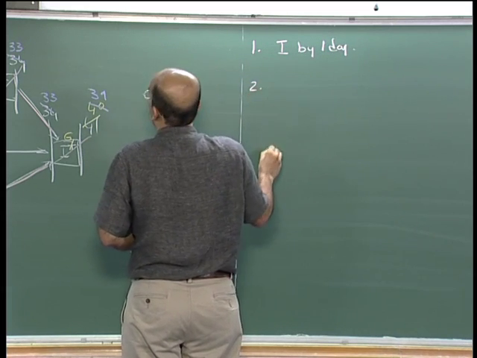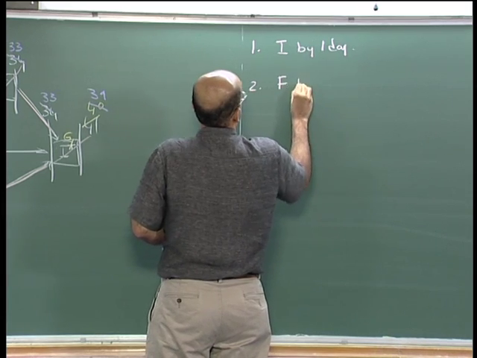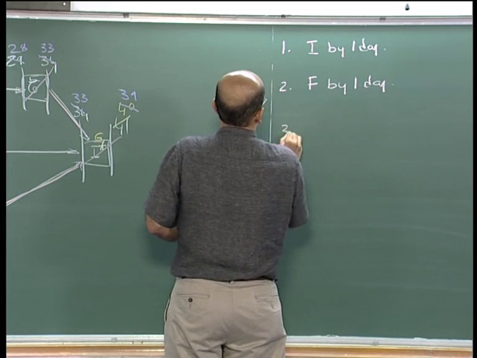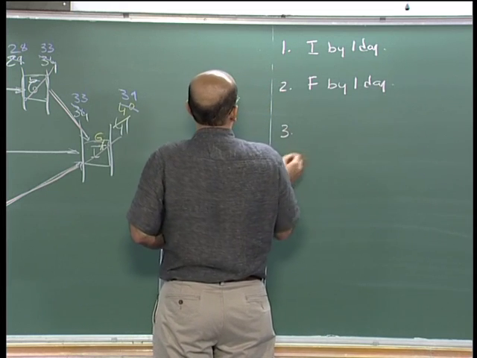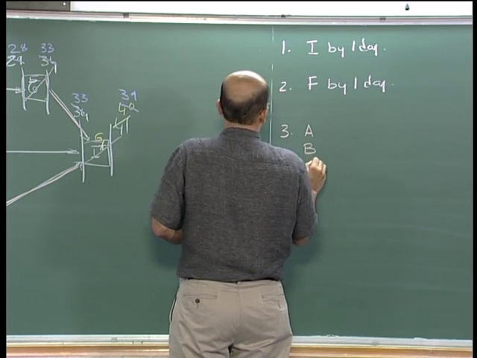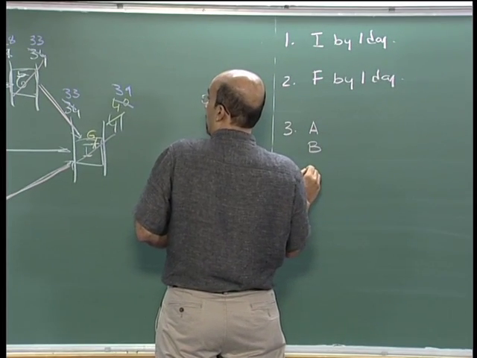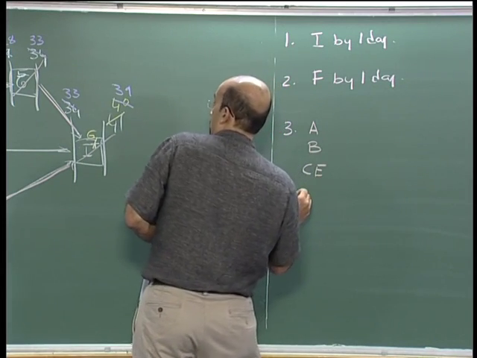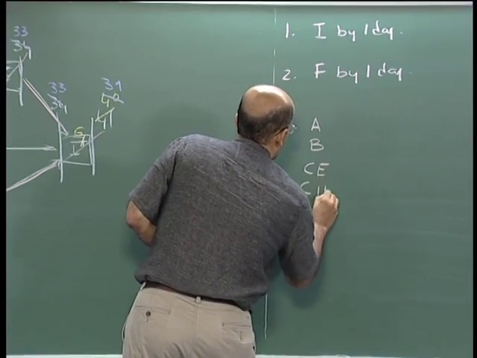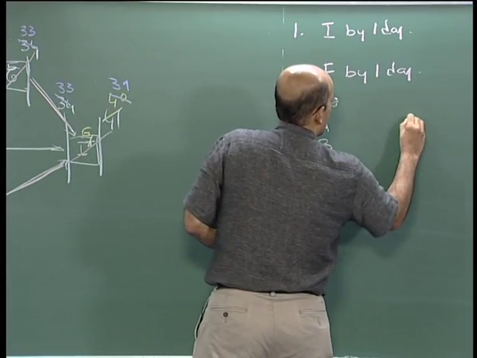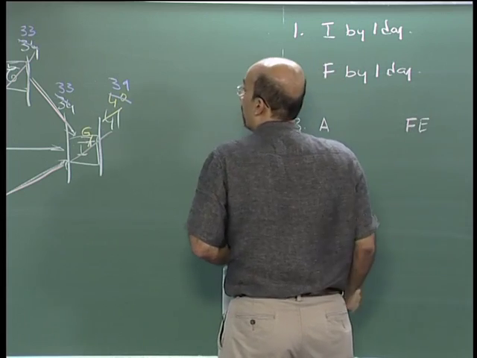Step 2, step 3, we have a choice, either A, B, okay, we have, then we said CE, CH, FE, or FH.